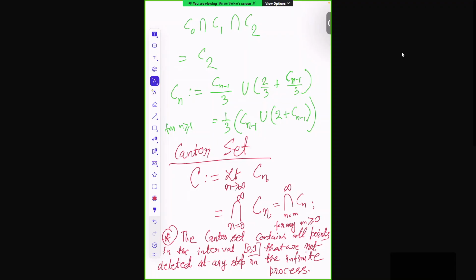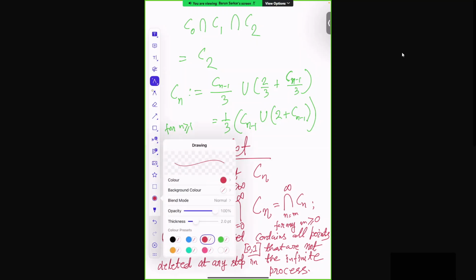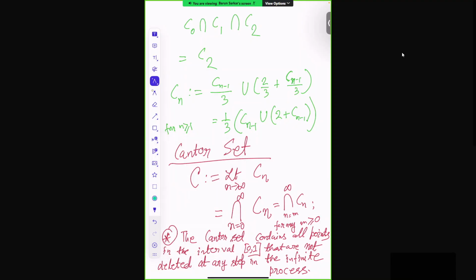So you continue this step. So it contains all points in the interval that are not deleted. Okay?